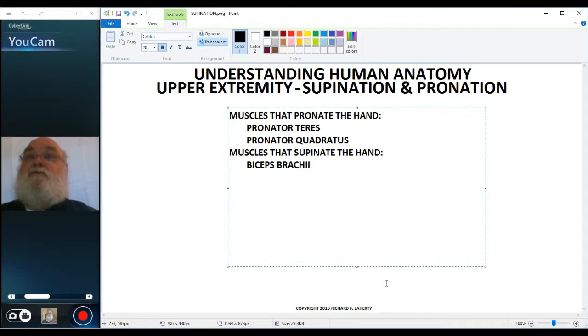Remember, I asked you to feel your bicep muscle when you flexed it and then pronate your hand. See how the bulge goes away. Well, that's just what happens when you're doing a pull-up. The biceps is not active, so you only have the brachialis muscle, making it a much more difficult exercise.